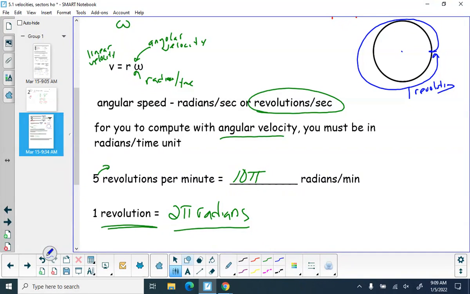How many radians is this now? Well, that's one time around. That's still 360 degrees, which is 2 pi radians. So to take it from revolutions per minute into radians, you go from revolutions to radians, you just multiply by 2 pi. How many revolutions do you have?